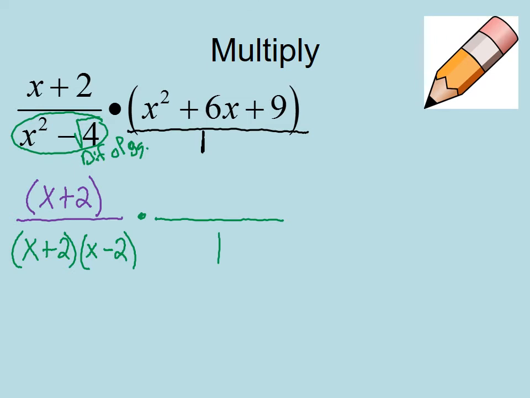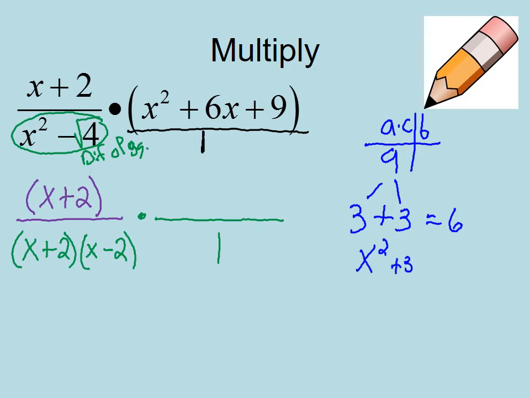On the top here, though, once again, you guys, we're going to be working with our AC. So I'm going to take A times C, which has to add up to B. So I have 9, two numbers that add up to positive 6. So I get 3 and 3. 3 times 3 is 9. 3 plus 3 is 6. When I rewrite this, I get x squared plus 3x plus 3x plus 9.